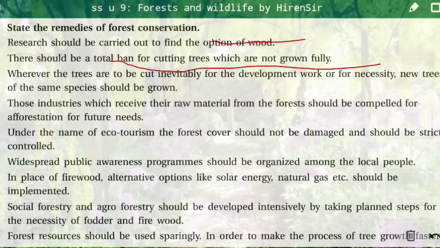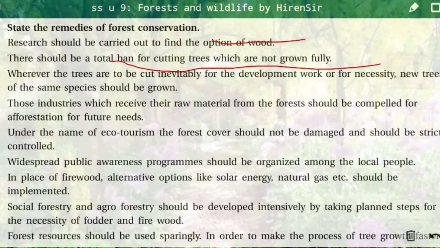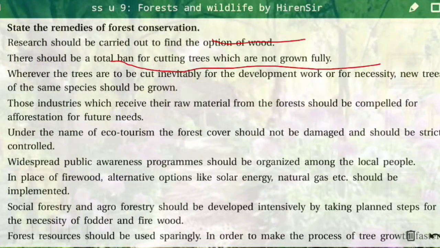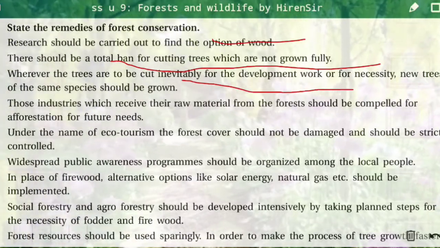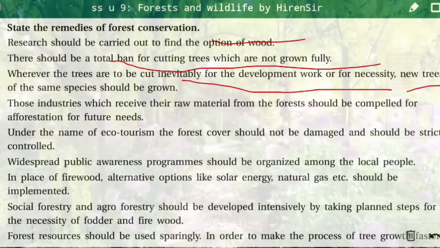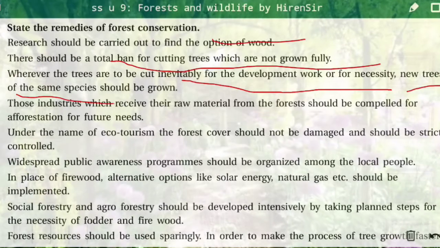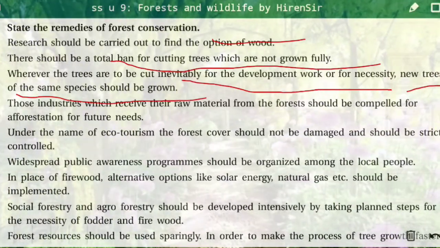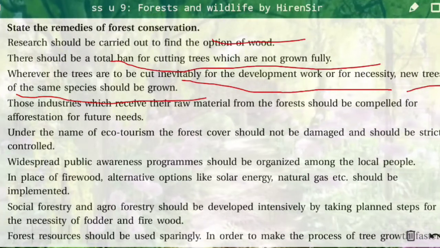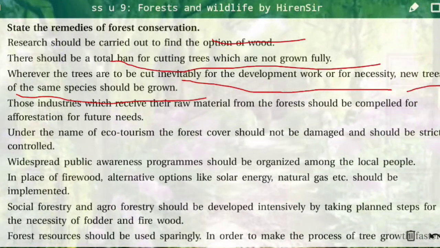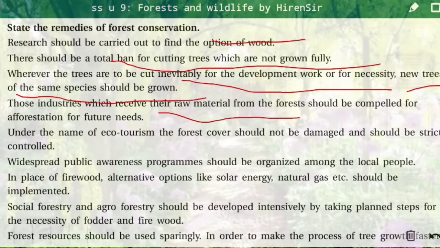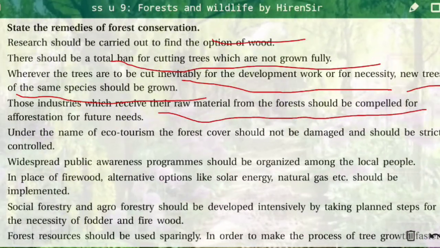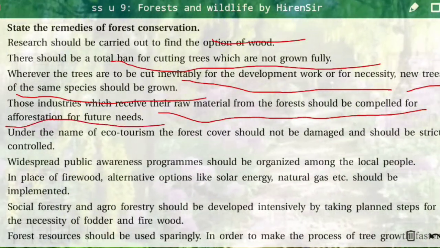Third, wherever trees must inevitably be cut for development work or other necessity, new trees of the same species should be grown. It is the most important point. And fourth, those industries which receive their raw material from the forest should be compelled to carry out afforestation for future needs.